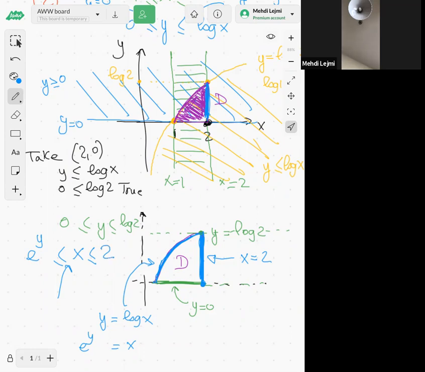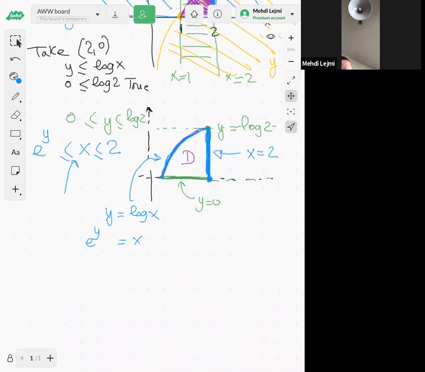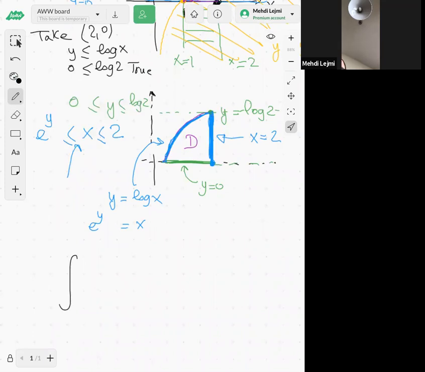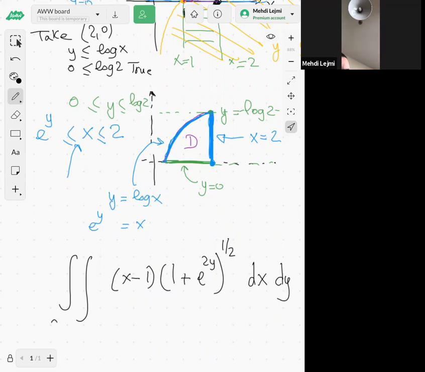So if you change the order of integration, you're going to get the integral of (x minus 1 plus e to the 2y) to the power half, dx dy. So y is between the two constants 0 and log of 2, and x is between the functions e to the y and 2.